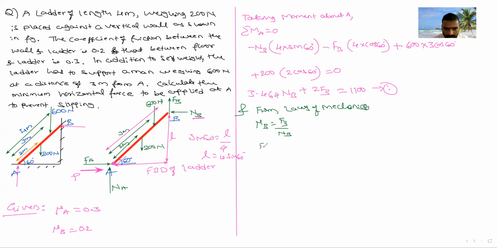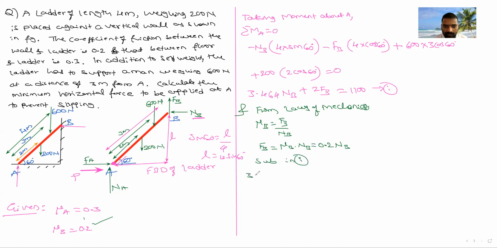Yes, sir. So FB, the friction at point B, is equal to mu B into NB. Mu at B is given, that is 0.2, so FB is 0.2 times NB. So substitute this in equation number 1.